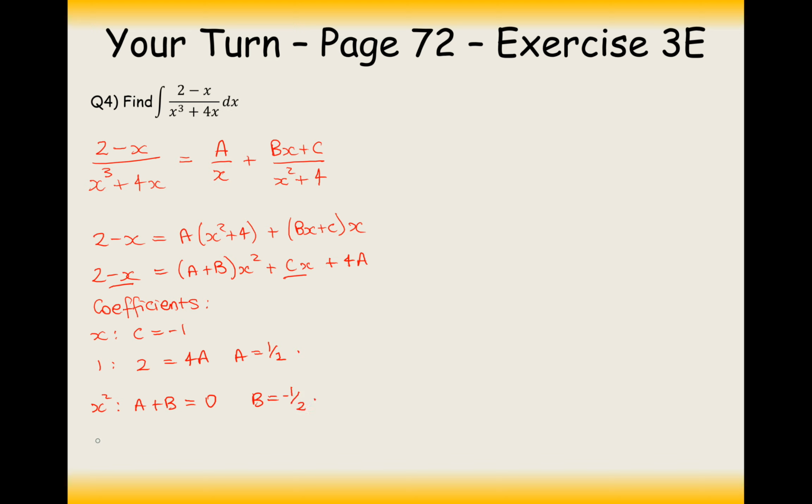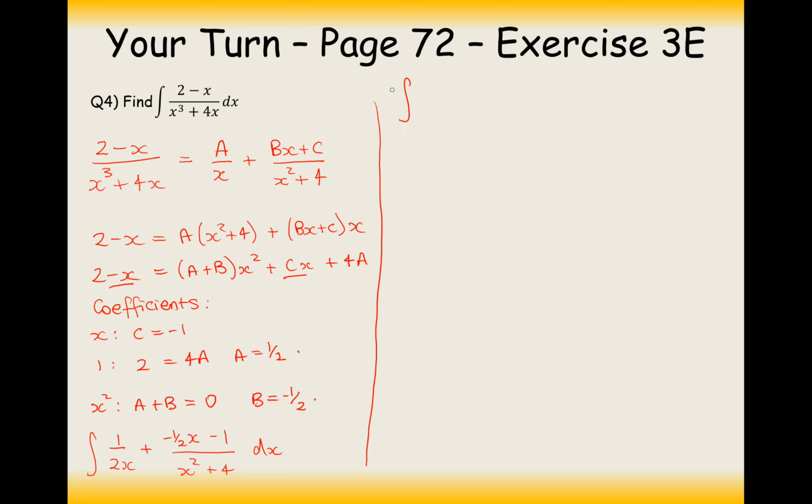So my integral is going to be the integral of a, which is 1 over 2x, plus b, which is minus a half, x minus 1 over x squared plus 4 dx. So when it comes to my integration, I'll probably factorise out the minus half to the front, and then that will turn the 1 into a 2.